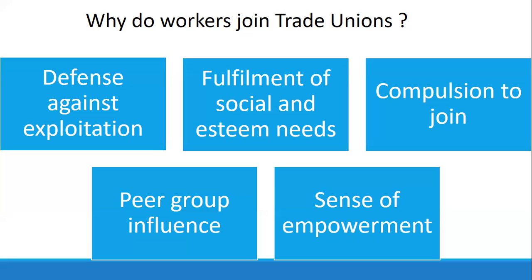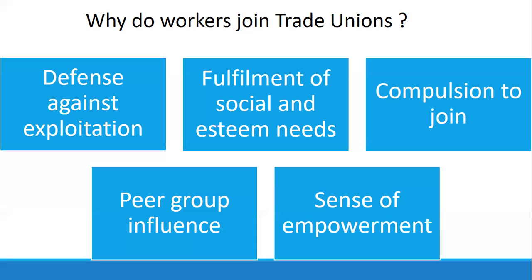When the employees feel that there are some inadequacies in terms of working conditions, safety and health measures, wage benefits, promotion policies, hours of work, and other areas, definitely these trade unions will try to fight with the management to get their things done.